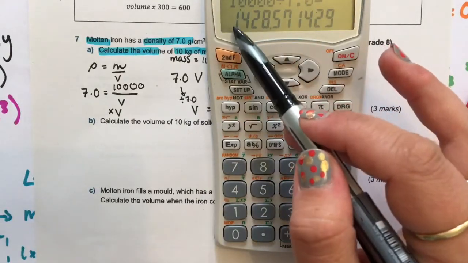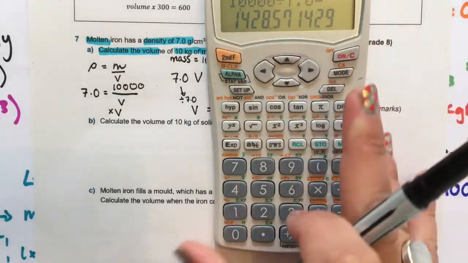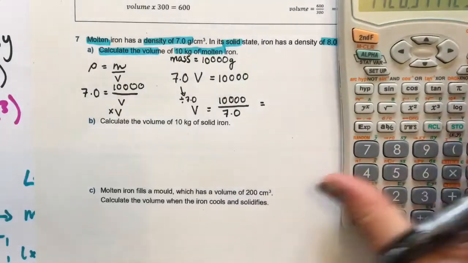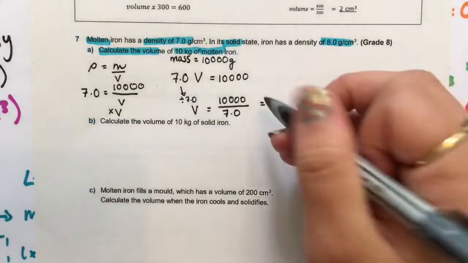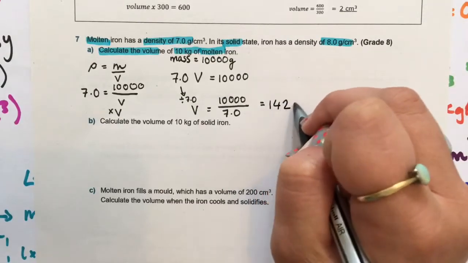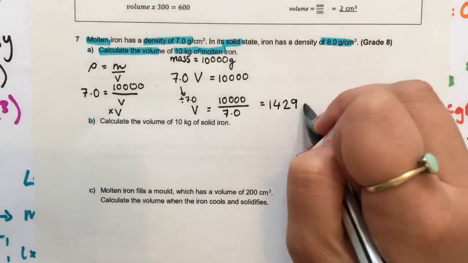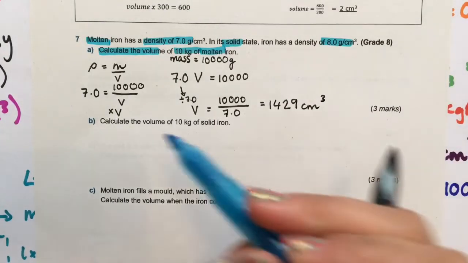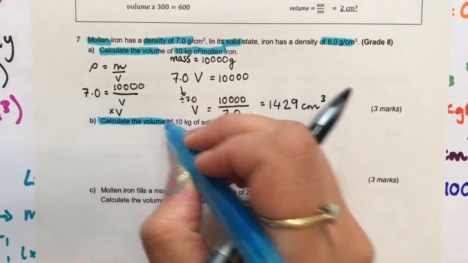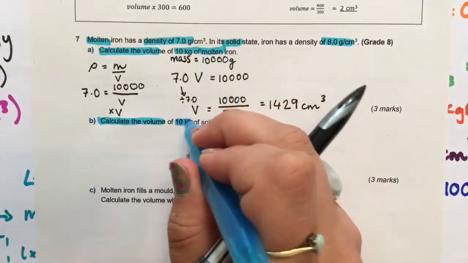Let's just write down to the nearest whole cubic centimetre. So 0.5 will round up, so we'll have 1,429 centimetres cubed.